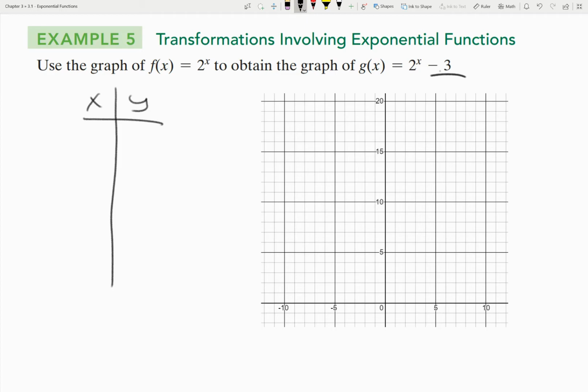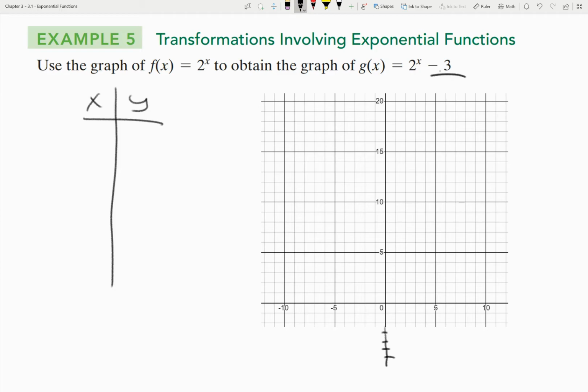Ooh, this is actually a bad graph. We're going to need a little bit more room down here. When we graph this one and we shift the function down 3, all of my points are going to be down 3.